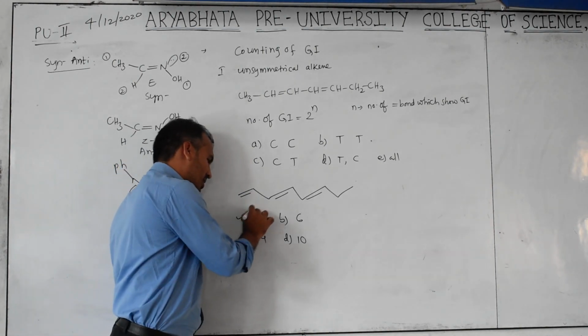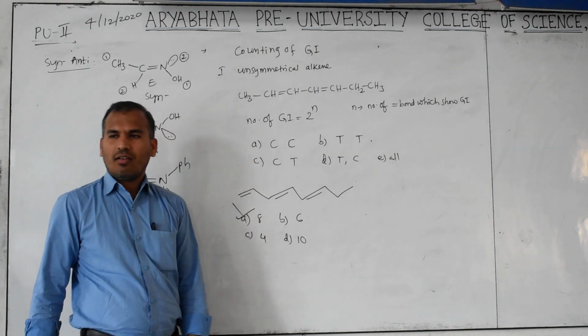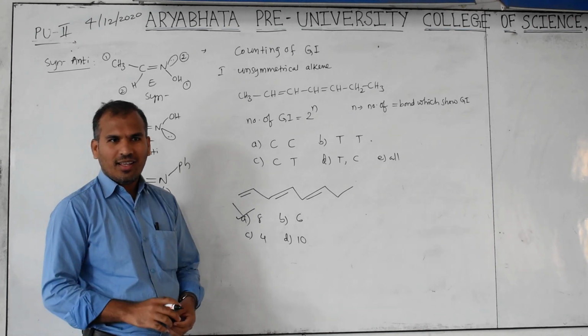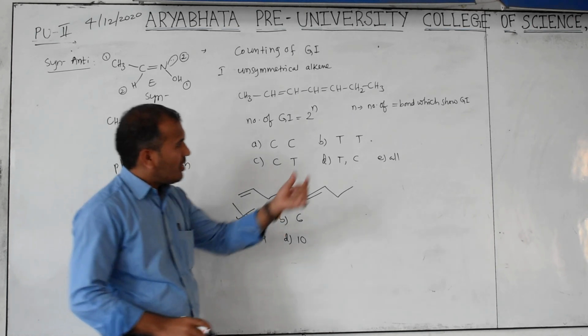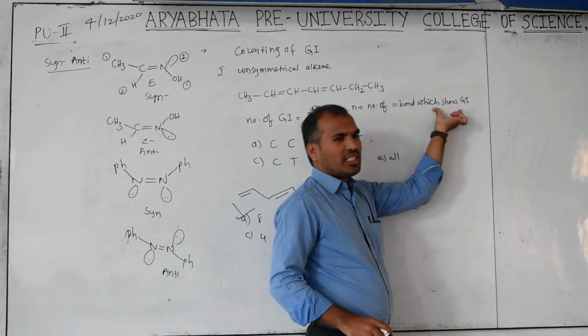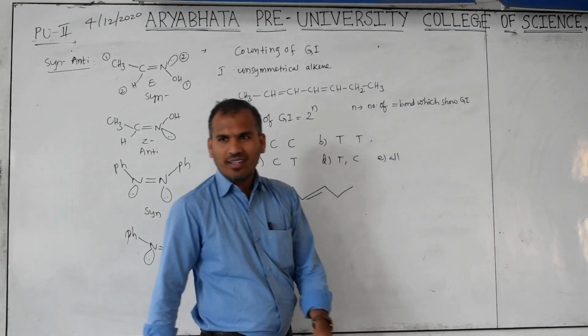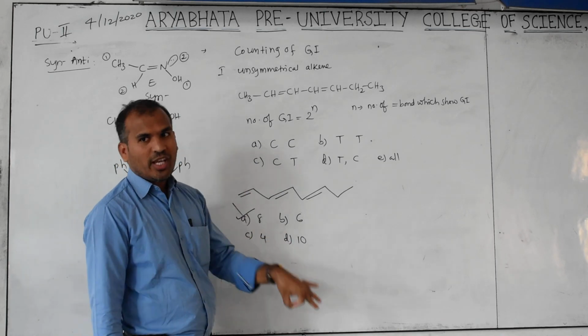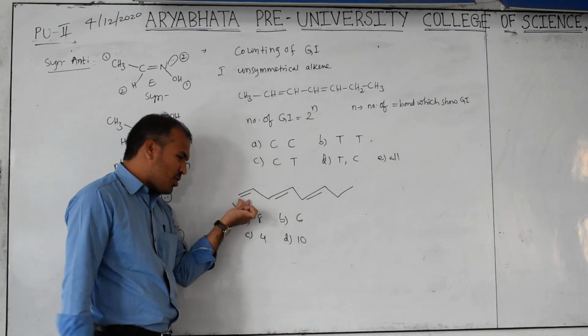Immediately we would answer this, but that is wrong. You are not reading this clearly. N is the number of double bonds which show GI.